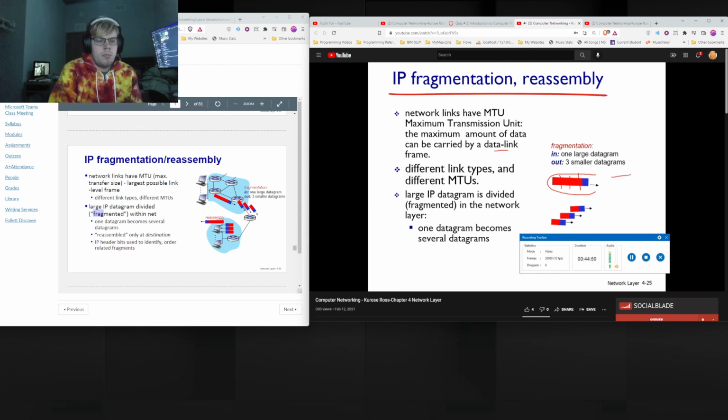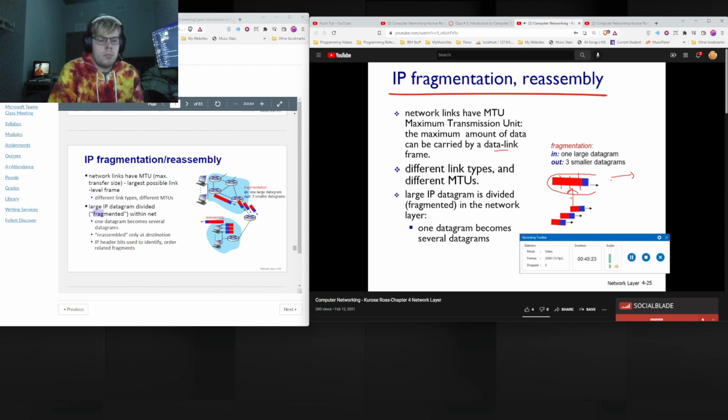But when it arrives at a certain link whose maximum transmission unit is greater, then these several datagrams can be recombined back. This is called reassembly. So fragmentation means we are giving one large datagram, but when it comes out of a link, for example a router, it is 3 smaller datagrams, because the maximum transmission unit of that router or a switch may be lesser.